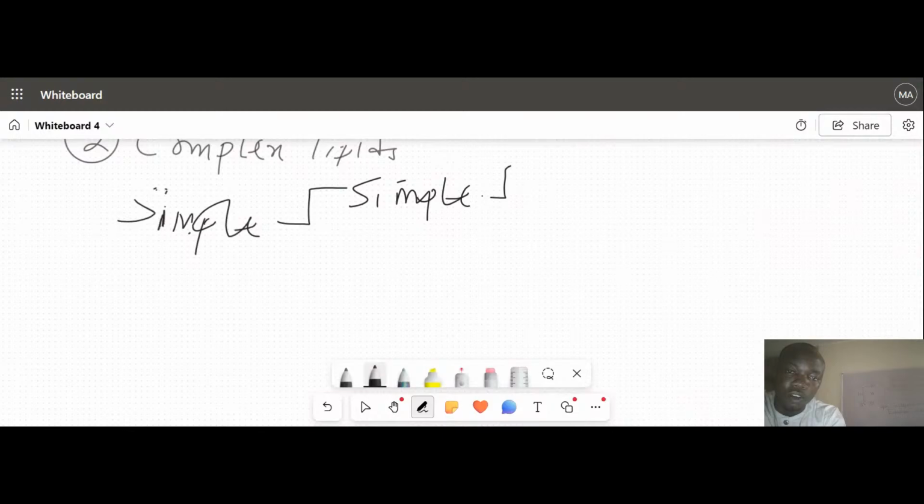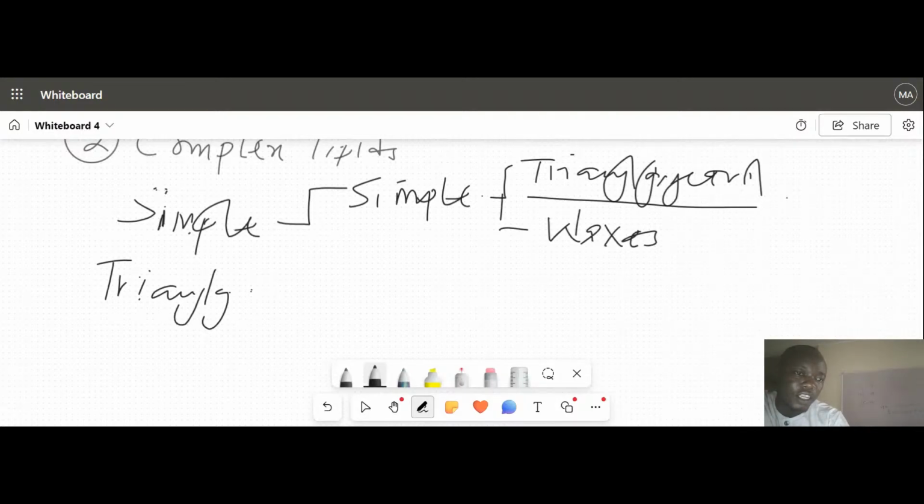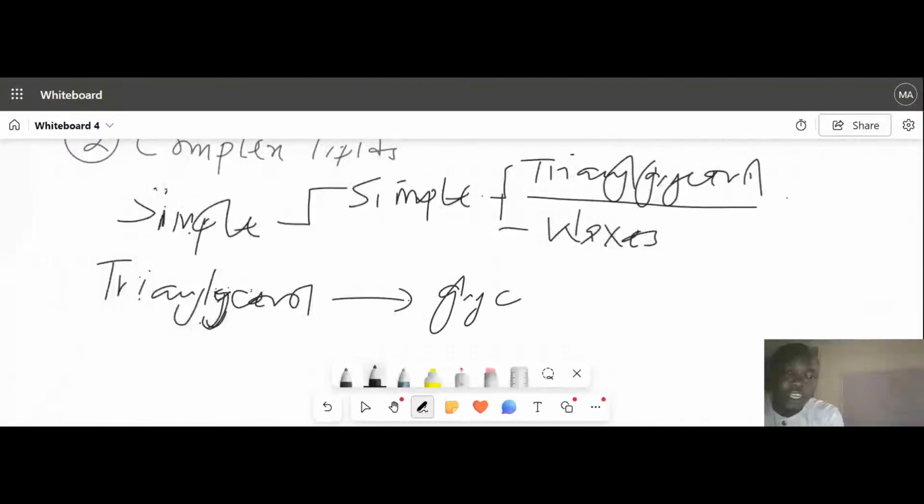We have triacylglycerol, and number two we have waxes. I'm going to start with the triacylglycerol. Triacylglycerol is made up of two major components: glycerol plus fatty acids.